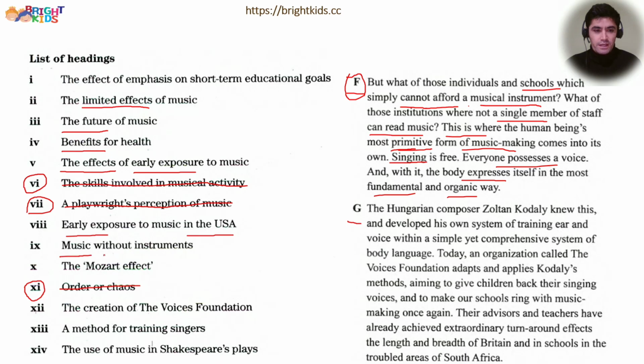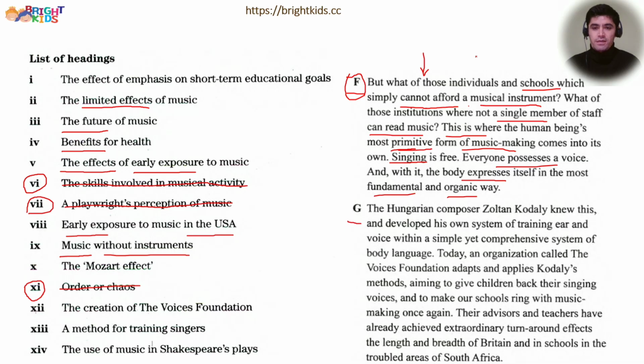Next one, music without instruments. We have read earlier the first sentence of the paragraph, the topic sentence, starts like this: but what of those individuals and schools which simply cannot afford a musical instrument? So sometimes reading the first sentence of the paragraph also helps us to choose the correct heading, because the first sentence of the paragraph is usually the main sentence, the topic sentence.